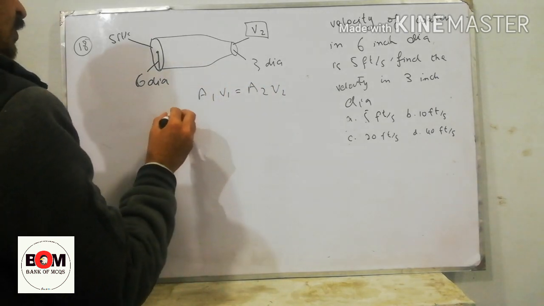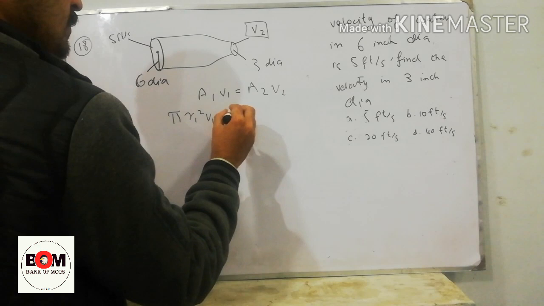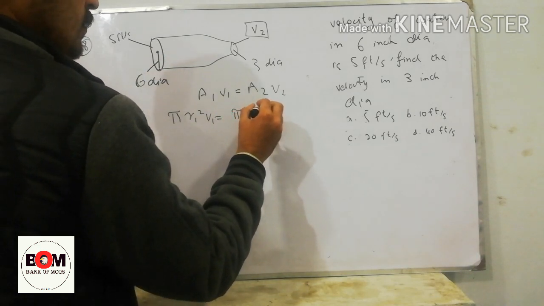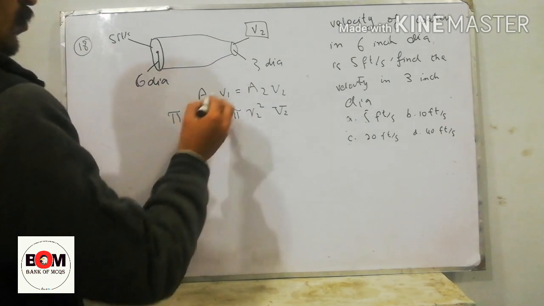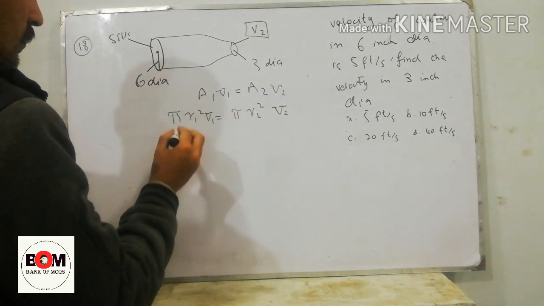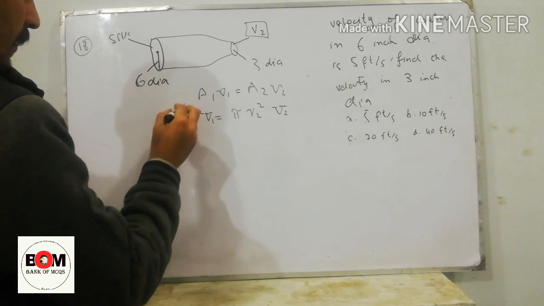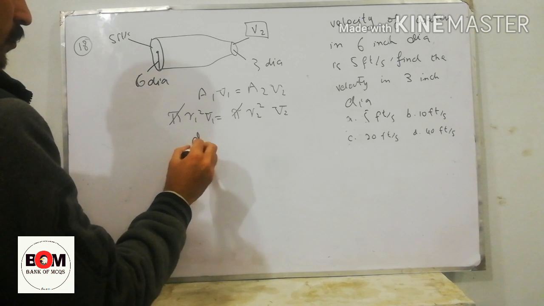From area, we know pi r1 square V1 is equal to pi r2 square V2. Pi cancels with pi. We know that radius is equal to diameter by 2.